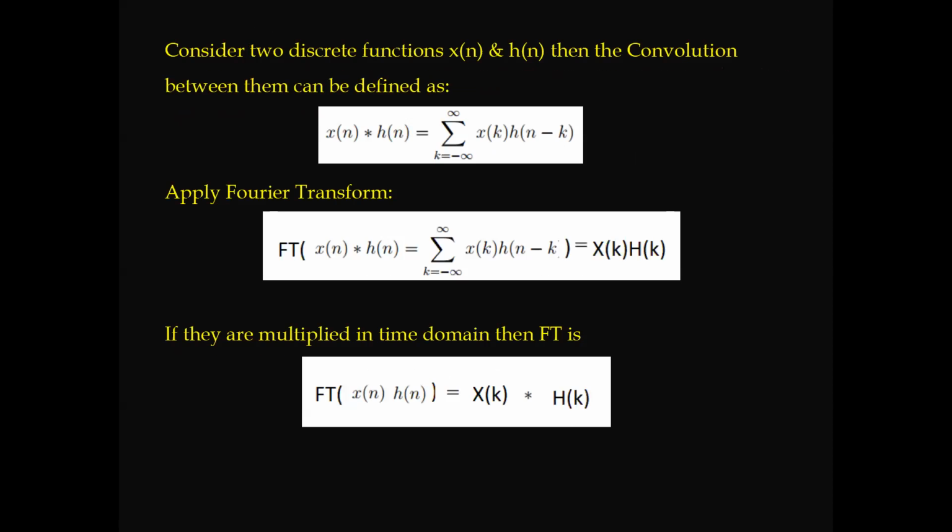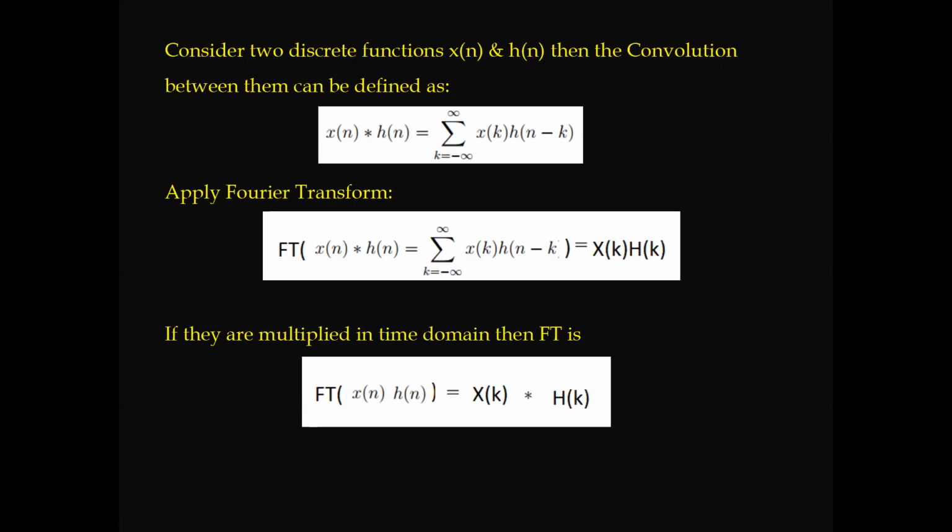Now consider two discrete functions, x of n and h of n. Then the convolution between these two is x of n star h of n, which is equal to the summation k equal to minus infinity to infinity of x of k into h of n minus k. Now apply the Fourier transform.